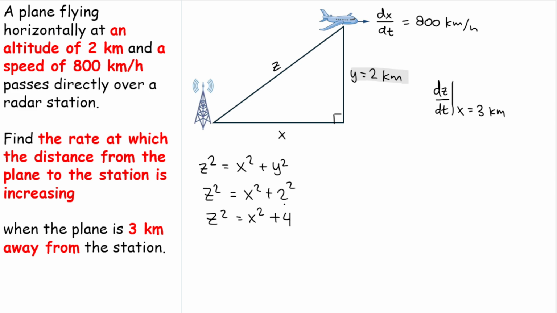Good. But then we need to find dz/dt. So here we have z squared is equal to x squared plus 4. We can use implicit differentiation with respect to t.